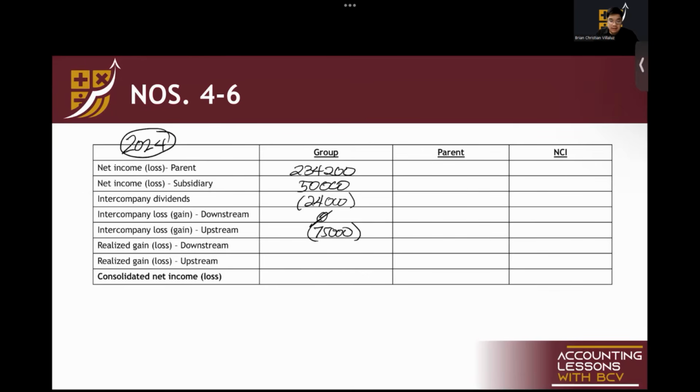All right? Next, realized gain or loss downstream. So, ang tingnan natin dyan ay yung realized gain or loss na pang 2024 na, no? Yung pang downstream lang. Meron ba? Yes, meron. Yung intercompany sale last March 31, 2023. Right? So, meron tayong realized gain 3,000. Then, realized gain or loss for upstream, we have two, no?